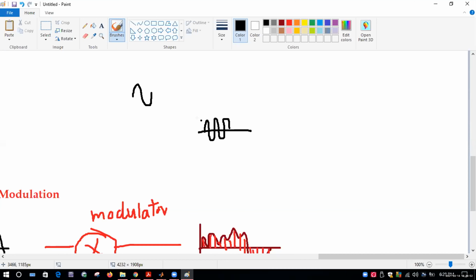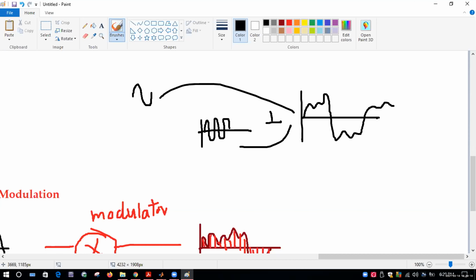Together, when you mix them, you don't get something like this. Its shape is changed. You will get something like this. It looks like just one signal, right? But it's two signals.